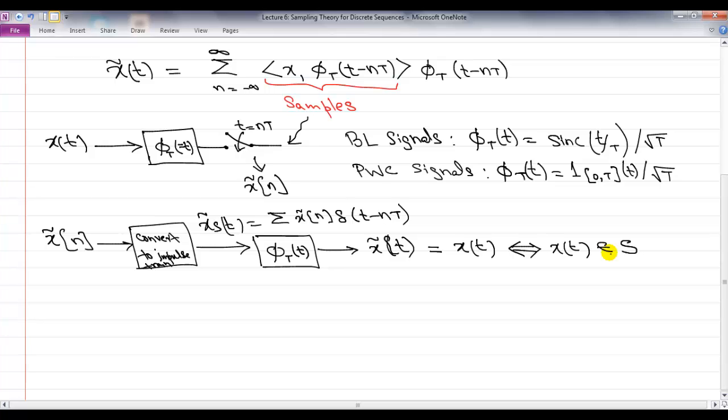Similarly, if you are sampling a piecewise constant signal, then doing this will give you exactly the piecewise constant signal that you started with. If you are not doing that, then what you will get is an approximation to the signal you started with in the piecewise constant class. That is precisely one of the questions in your assignment.